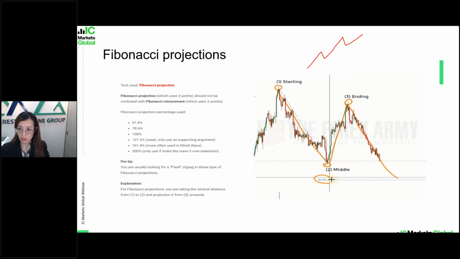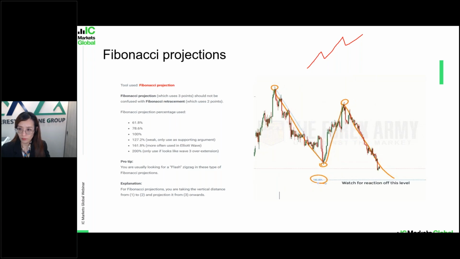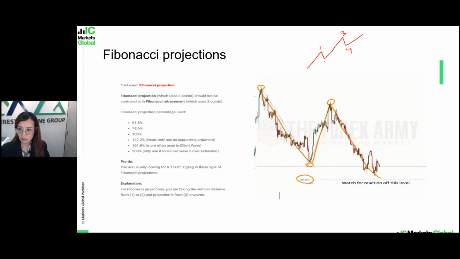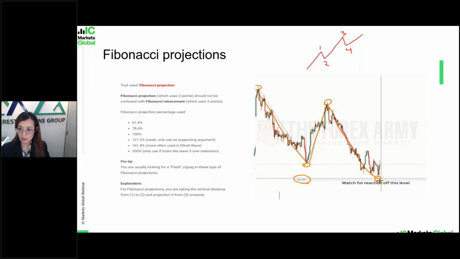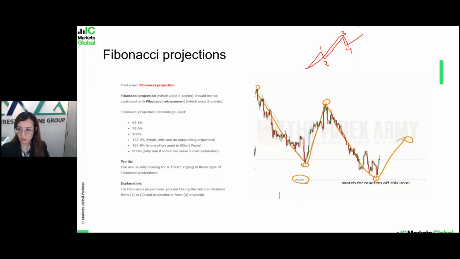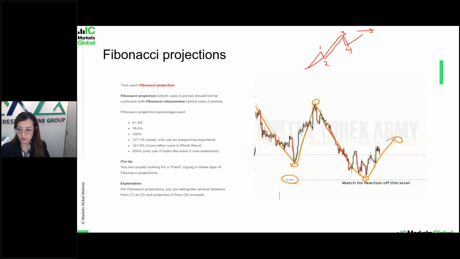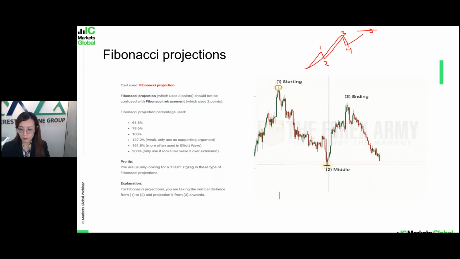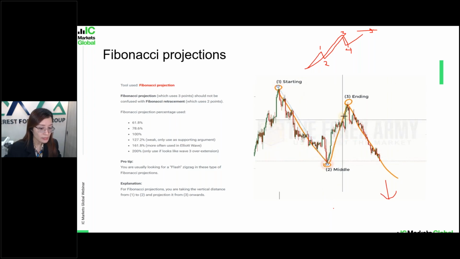You draw your starting point here, and then you draw here, and then you will get a projection somewhere here, which is wave 5. Okay, remember? So this is a Fibonacci projection. You always have to find 3 points: starting point, ending point, middle point, ending point, and then you will project somewhere around here. This is called Fibonacci projection.